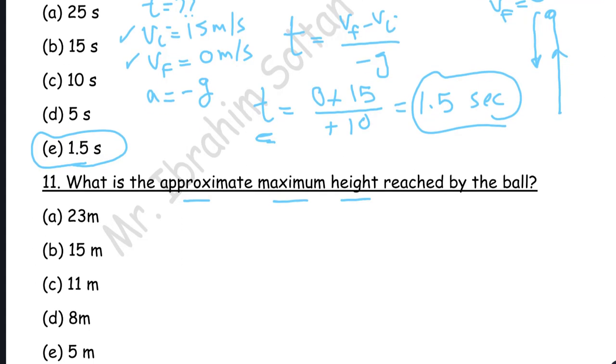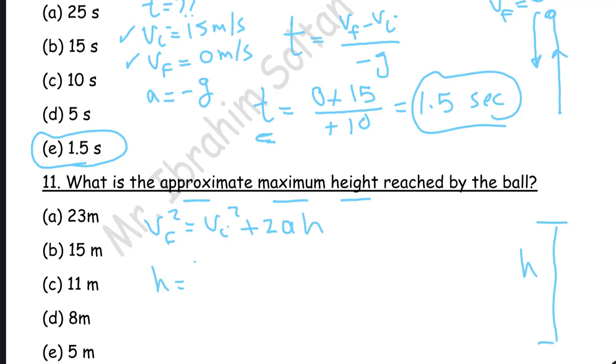What is the approximate maximum height? From the information you have, you need to calculate the maximum height. We can use the motion equations; you have three equations to calculate the height. Let's use one of them. Do you remember that v final squared equals v initial squared plus 2a d, or s, or h here, the height?